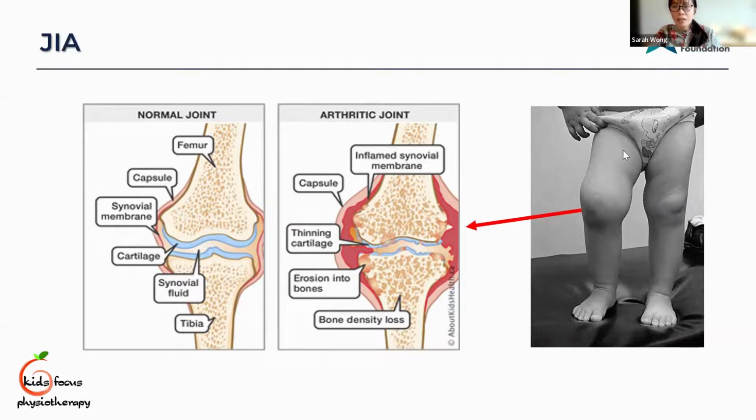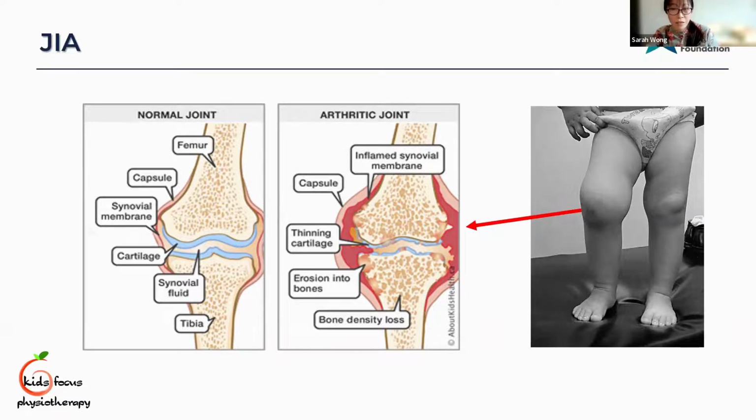Okay. So this picture looks like the right one is longer, but actually all 3 answers are possible, and I'll tell you why. In the initial stages of JIA, there is actually no difference in the limb length. But if the JIA is not arrested and it's gone on for a while, the swollen knee becomes metabolically a bit more active. So it grows slightly longer.